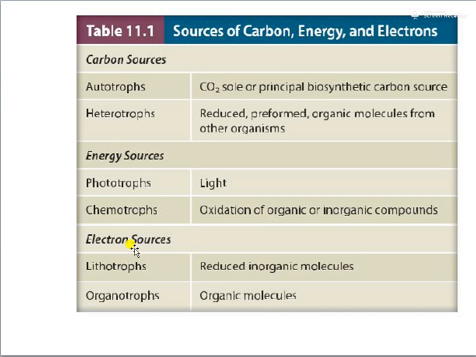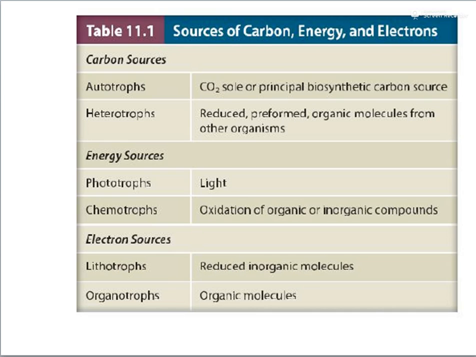And for the generation of ATP, the electrons formed during metabolism should be transferred to a terminal electron acceptor. If reduced inorganic molecules are the electron sources, they are referred to as lithotrophs. And if organic molecules are the electron sources, you call them organotrophs.